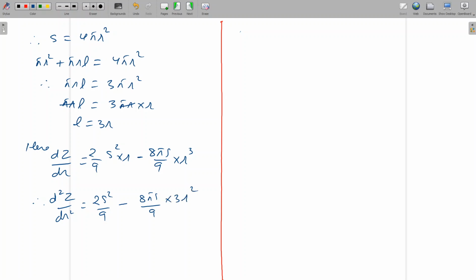So this will give us d square z by dr square equal to 2s square by 9 minus 24 pi s r square over 9. Now let us check whether this is positive or negative when L equal to 3r.